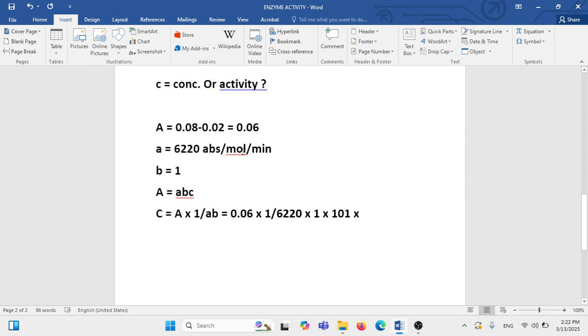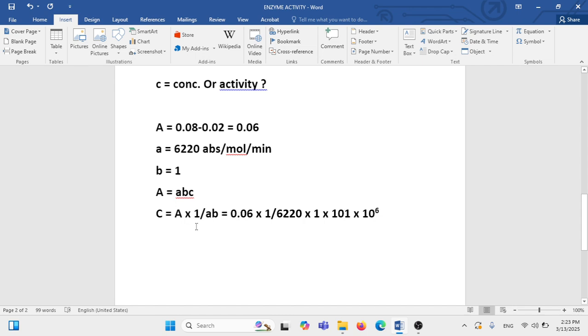So mole should be converted to micromole. So we multiply 6220 by 10 to the power 6 to convert mole to micromole.